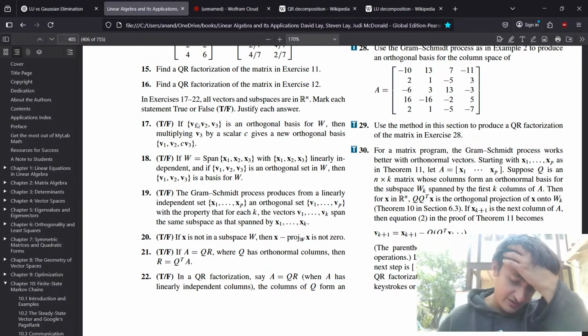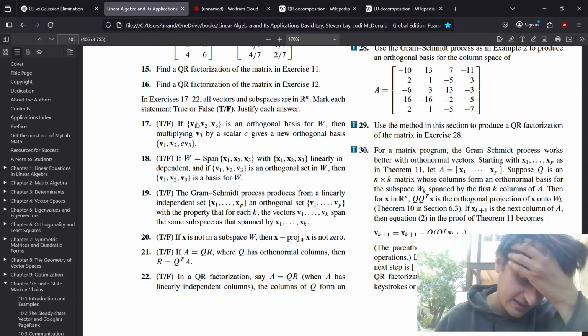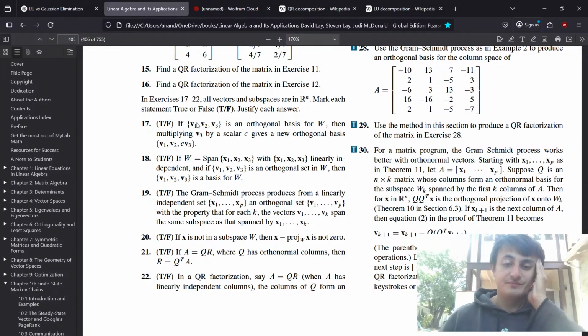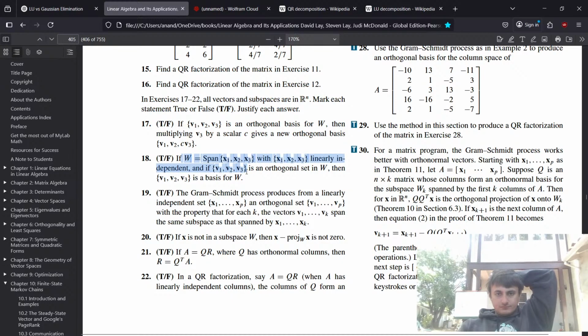In general, I would say no, it's not a new basis. It's not a new basis because it's the same basis, man. I mean, it's not the exact same basis, but it's the same basis. If W... What's the definition of orthogonal set?